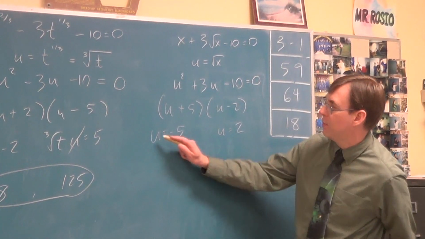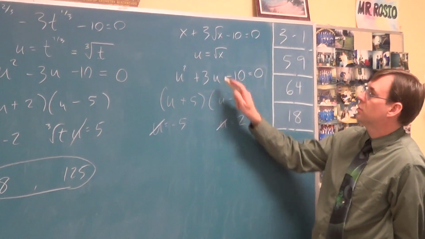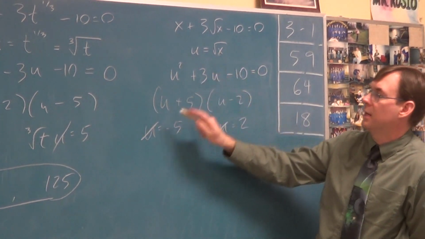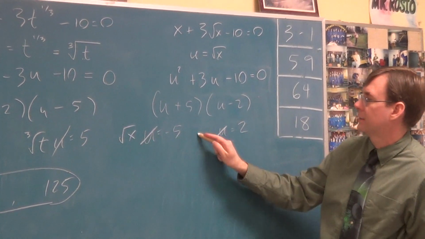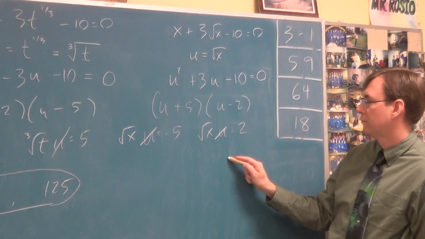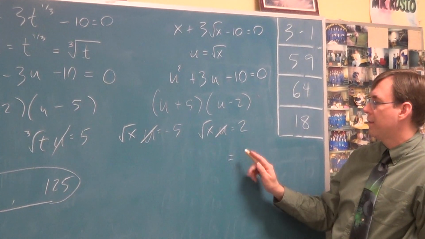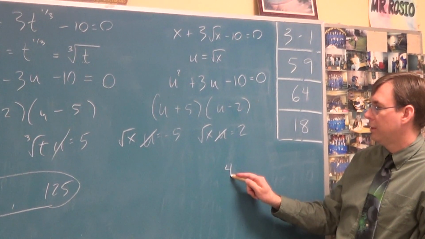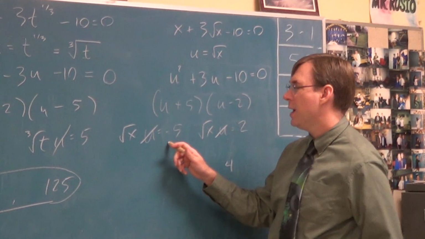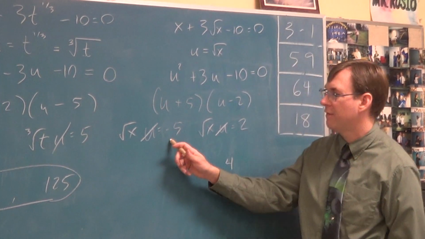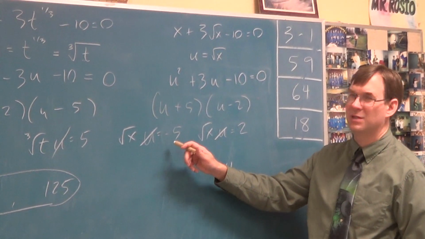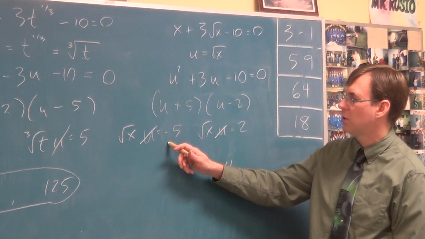Last one, but same move. We replace those u's with what the u was chosen to mean. It was chosen to mean root x. To undo square rooting, you square. So if we square this, we come out with 4. If you squared this, you'd come out with 25, but we've already missed a detail. We'll double back and talk about it.